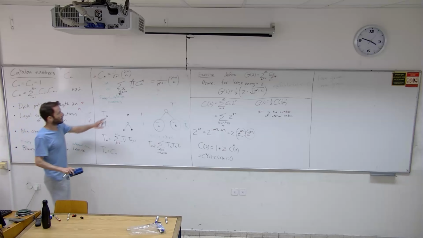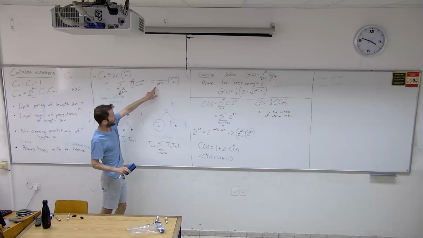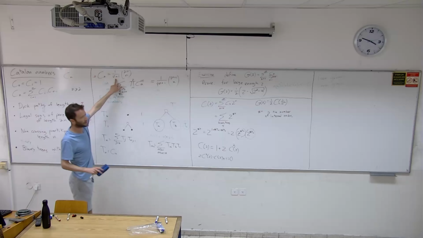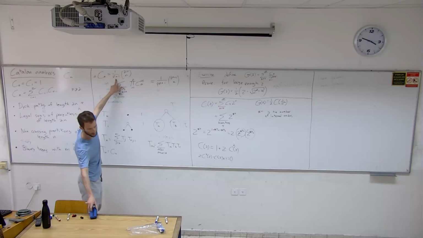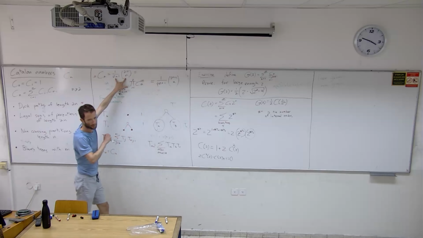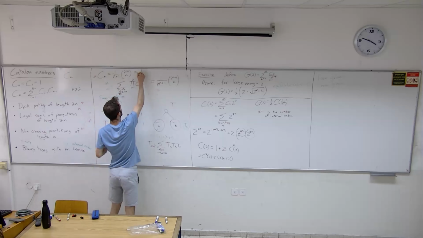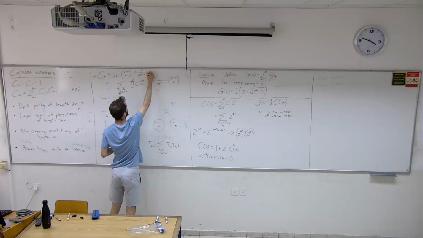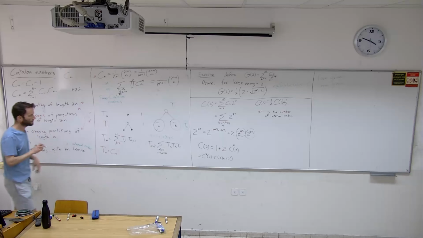And notice that if you put 2 instead of p, you get a formula that's slightly different than this one, but it's actually the same. This is the more known formula, but it can be written as 1 over n plus 1 times 2n choose n.